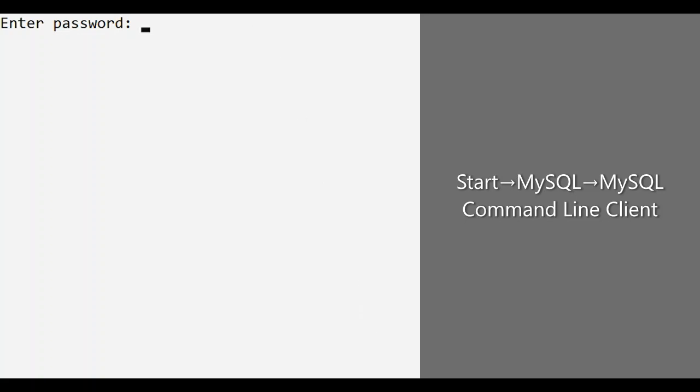MySQL opens and this is the initial window of MySQL. Here it is waiting for you to type the password. This password is specified at the time of installing MySQL and the password is 1234 that we have given. Type the password and press the Enter key.